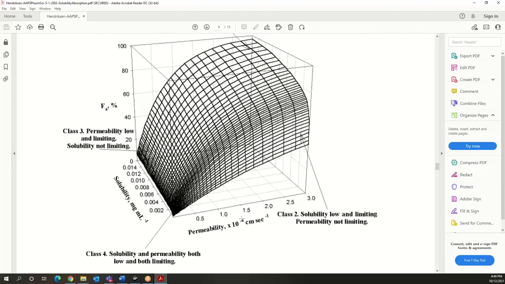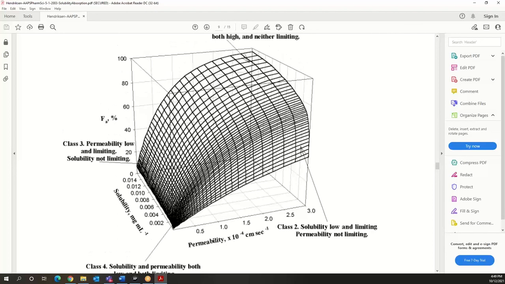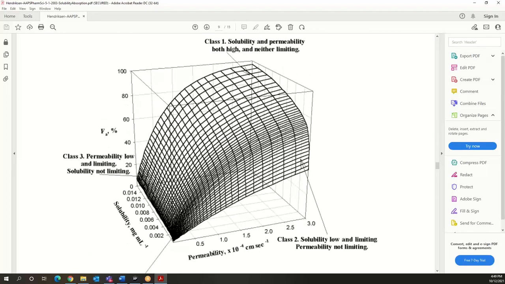this plot, and then you have here the four classes of class 1 compounds that have both high solubility and permeability, class 2 compounds that have low solubility, which is limiting, and high permeability.